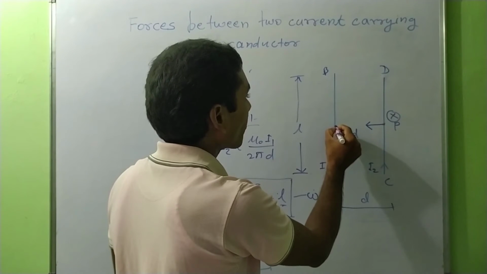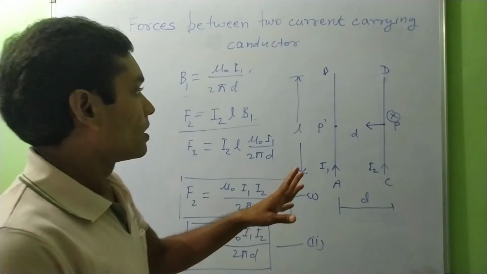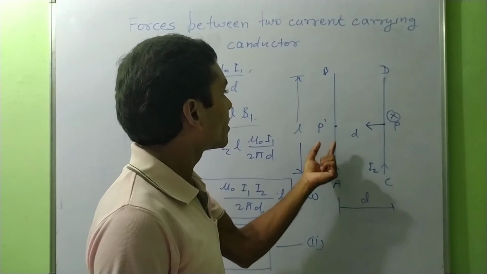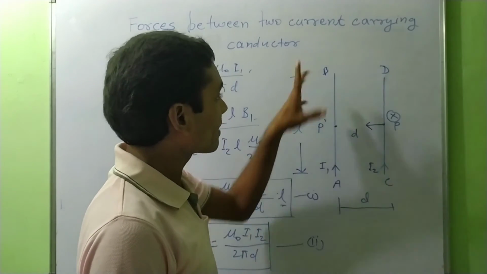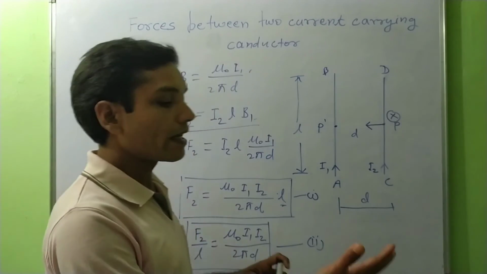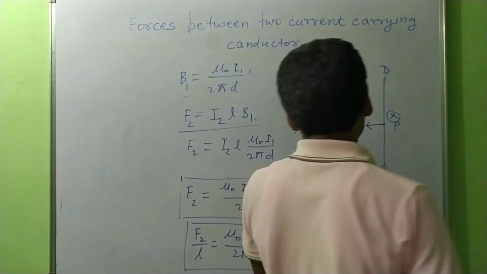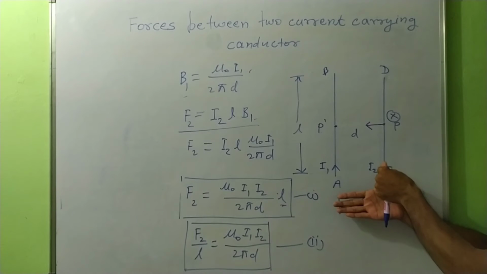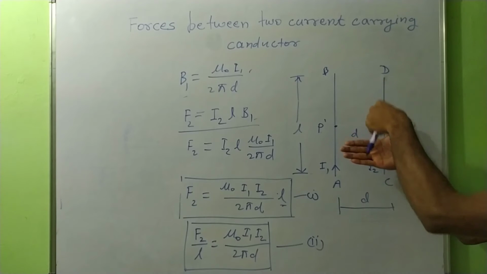So here consider a point, let this point be P dash. What will be the direction of magnetic field at point P dash on conductor AB? So we will find it by the right hand palm rule number 2. The thumb will show the direction of current I2 along this direction.